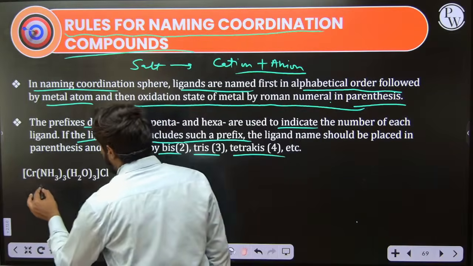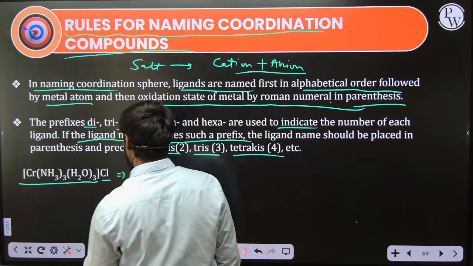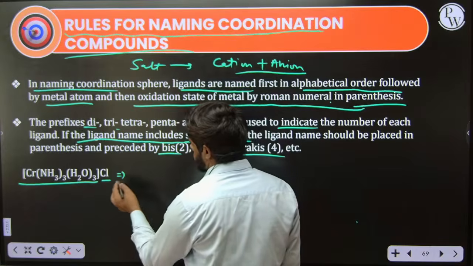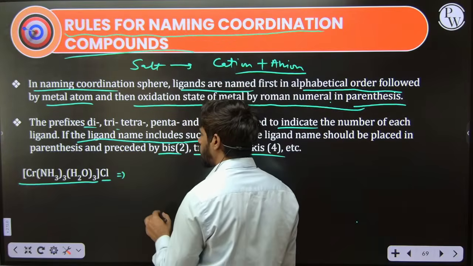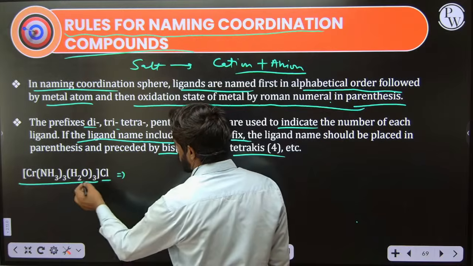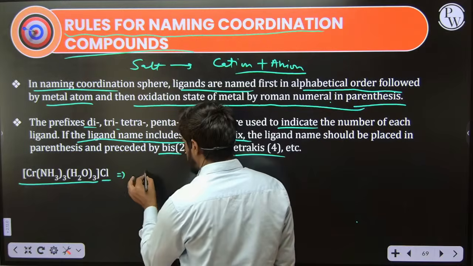First of all, this one is the cation, this one is the anion. So in this case, we write the cation name first. First, the name of a ligand, that is triaqua.